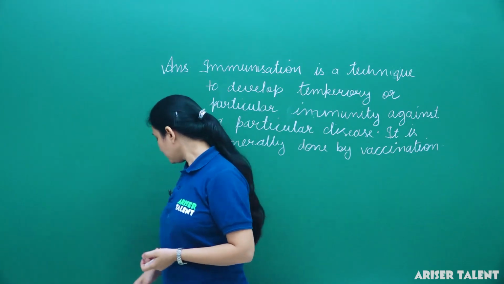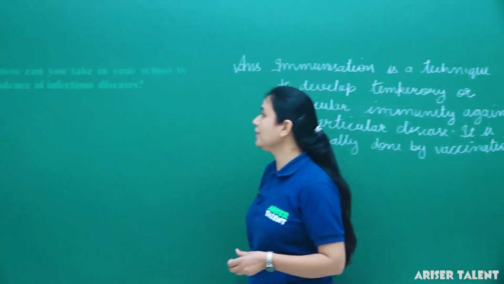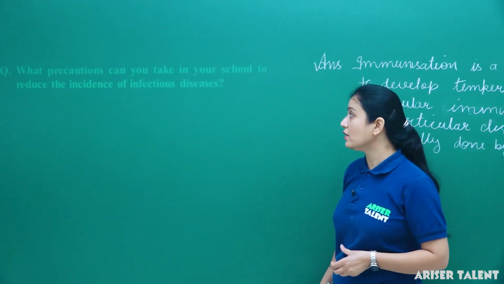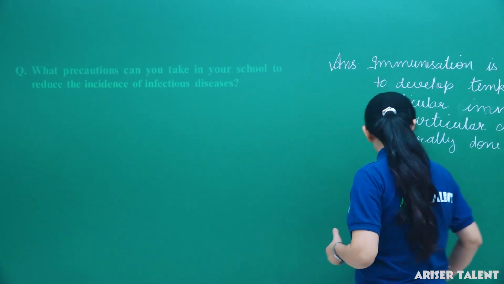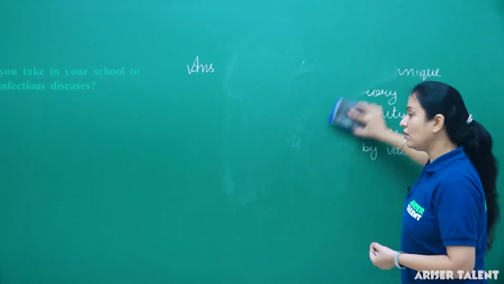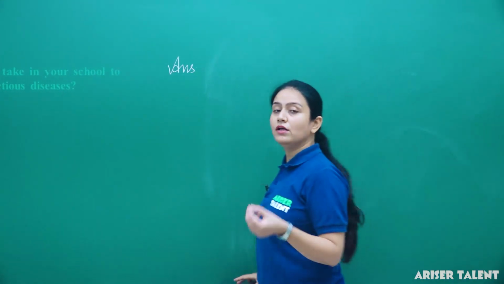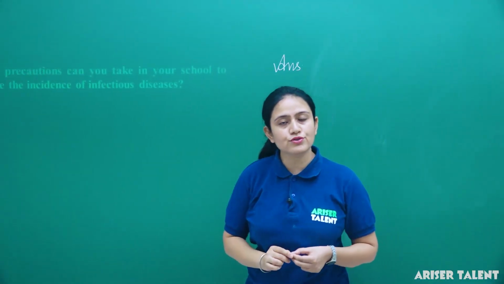Clear? Next is, what precautions can you take in your school to reduce the incidence of infectious disease? If we want to reduce the incidence of infectious disease, then what should we do? We should provide clean drinking water to students.